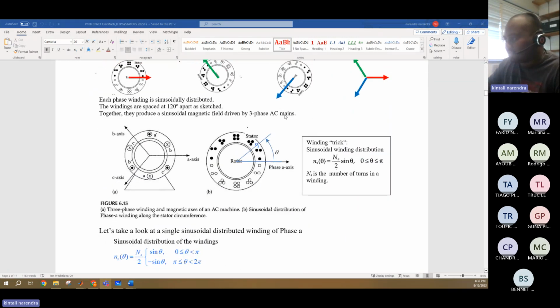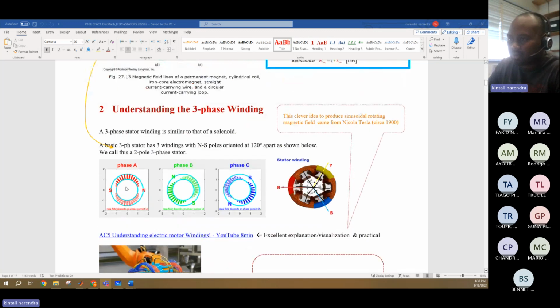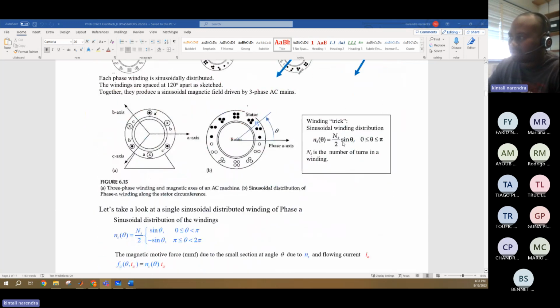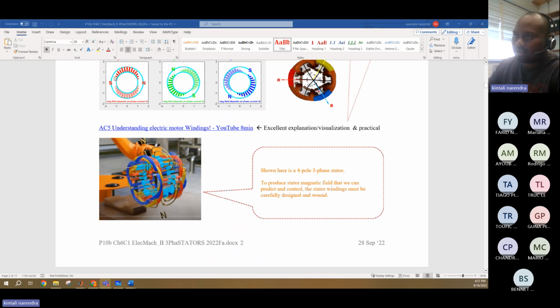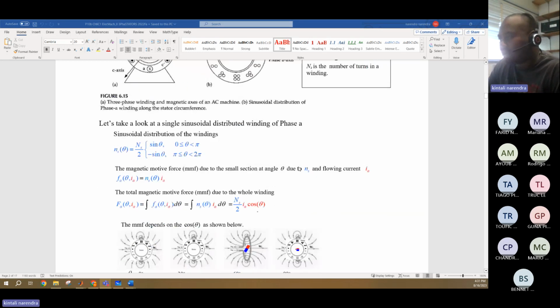For example, the number of windings at any given point is determined by the sinusoidal pattern, so there is sine theta. So it is sine theta into Ns by 2, where Ns is the total number of windings. If the angle theta is, for example, 10, 20, 30, 40, 50 degrees, then as the angle increases the number of windings increases, and as the angle reduces, the number of windings keeps reducing.